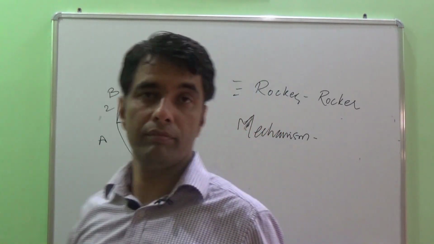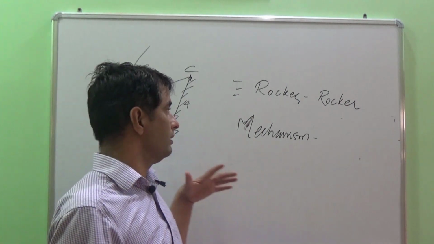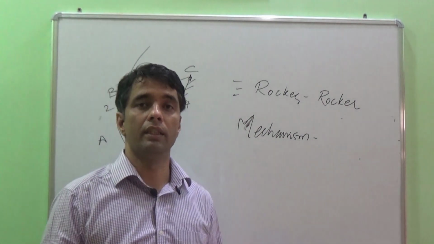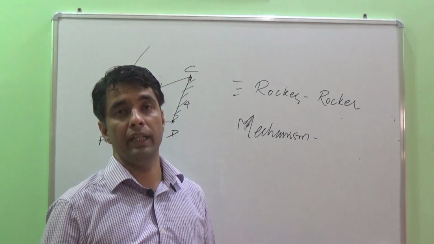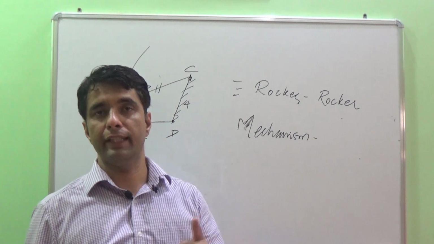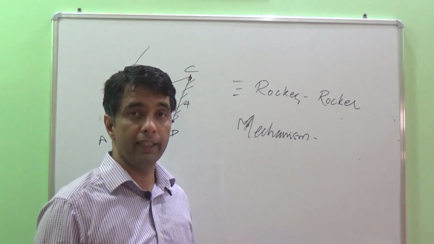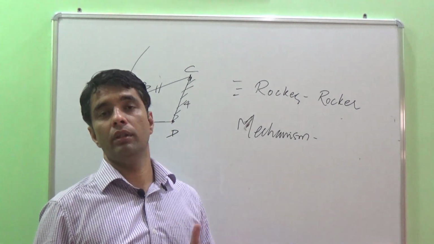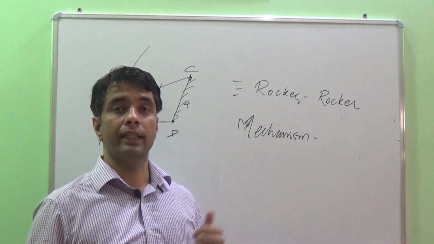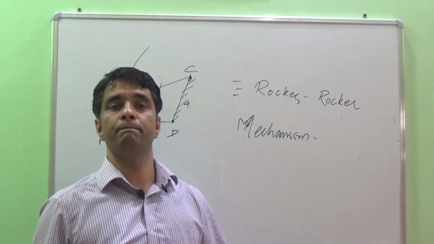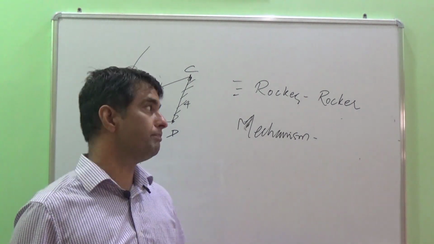The fourth inversion gives only 3 different types of mechanism, because by fixing link 1 you get the crank rocker mechanism, by fixing link 2 you get the double crank mechanism, and by fixing link 3 again you get the crank rocker mechanism.